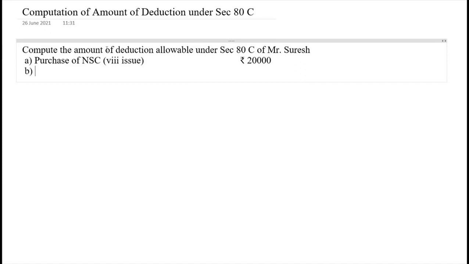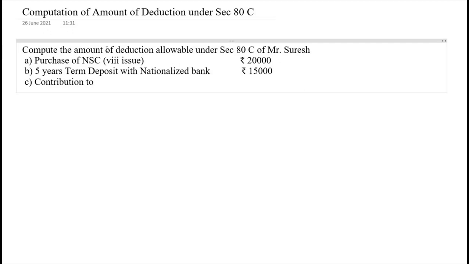Next, five years term deposit with nationalized bank, rupees 15,000. Contribution to public provident fund, rupees 50,000.